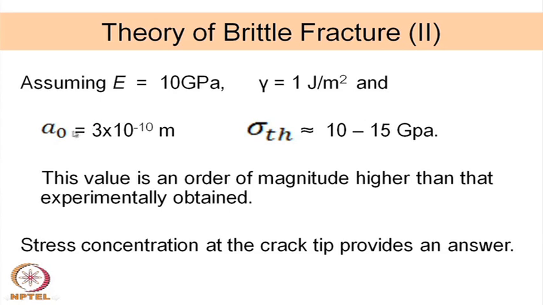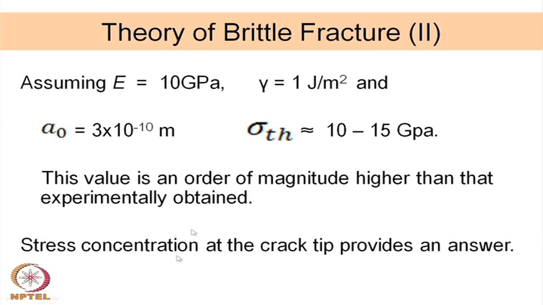So, it is about 3 into 10 to the minus 10 meter. If you use these numerical values in the earlier equation, you can get sigma theoretical of the order of 10 to 15 gigapascal for any material. That is the theoretical value expected.